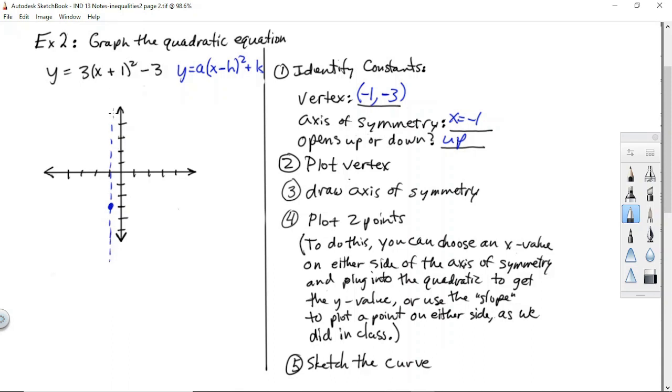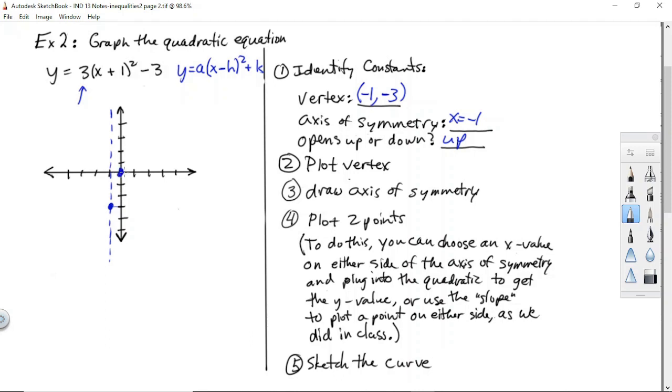And we won't choose x values on both sides of the axis of symmetry. Instead, we'll just start at our vertex, which is -1, -3. We know it opens up, and we know a is 3, right? So when we go over 1, we go up 3. 1, 2, 3, up to there.